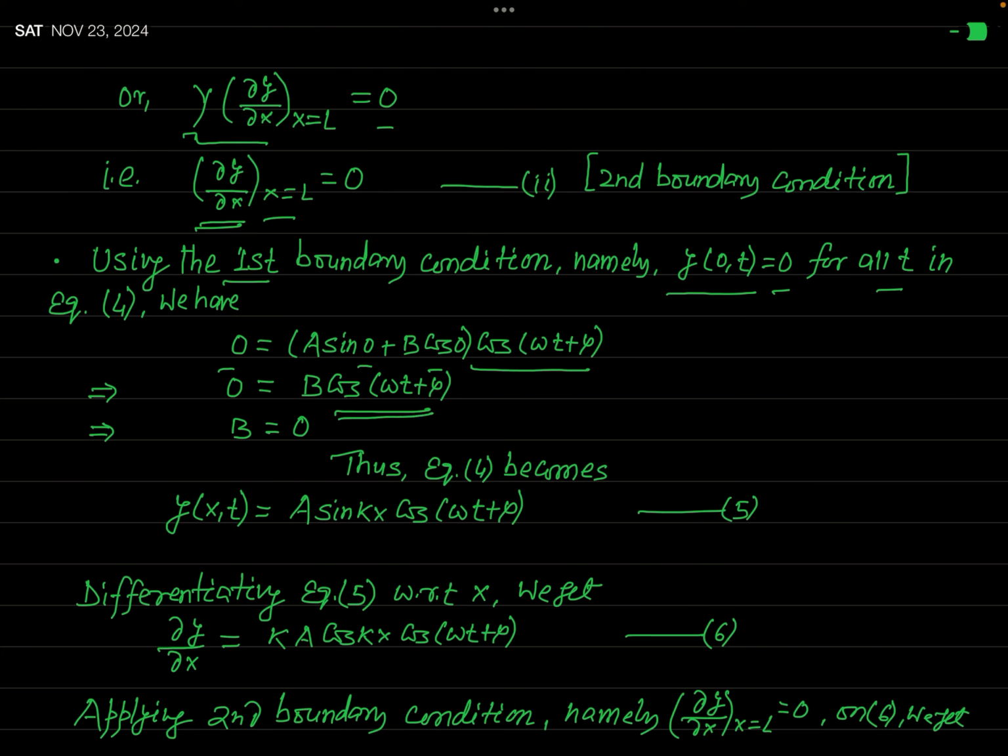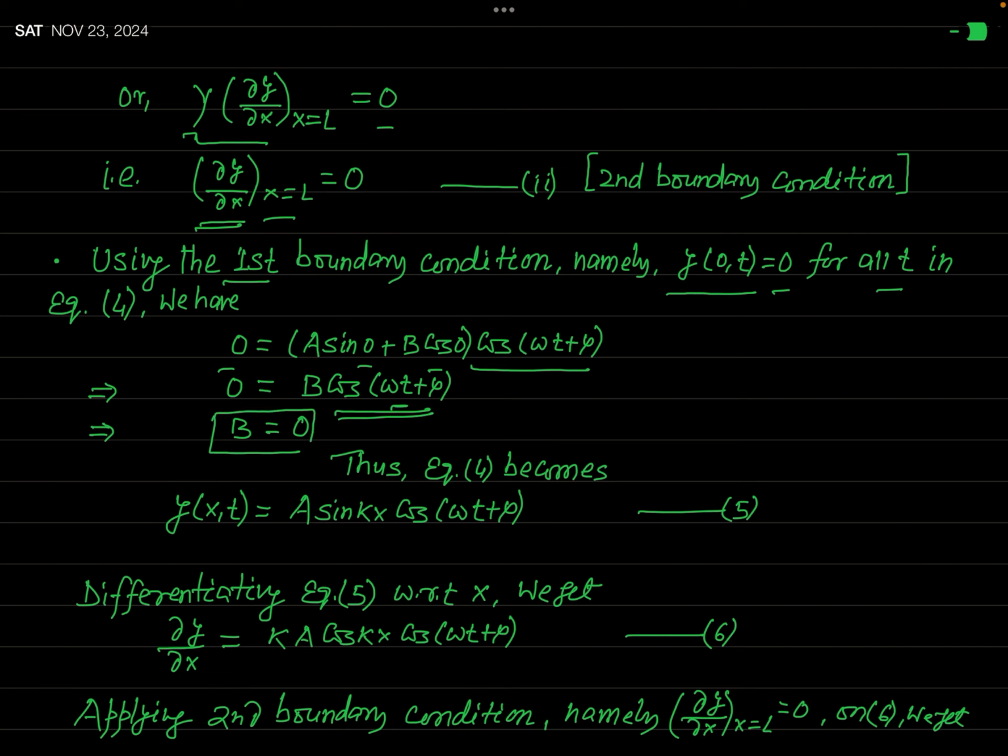But can cos of omega t plus pi be 0 at all time t? The answer is no. At a certain moment, for a particular value of time t, it is possible that this cosine function will be 0, but you can't say that at all time t it will be 0. So definitely b will be equal to 0.